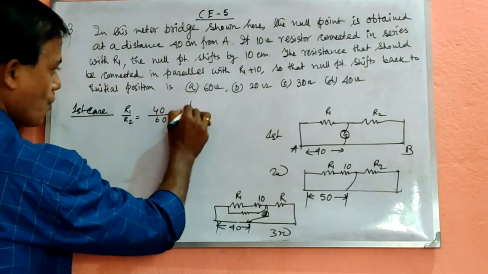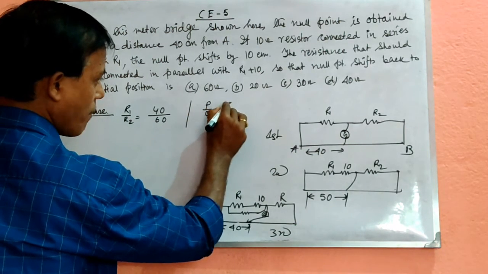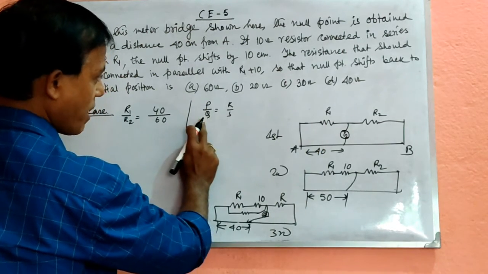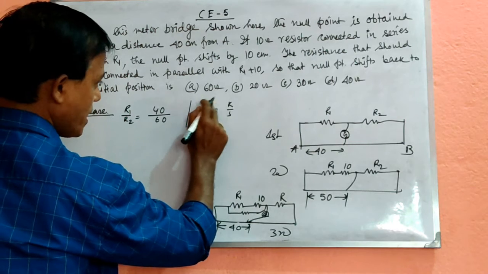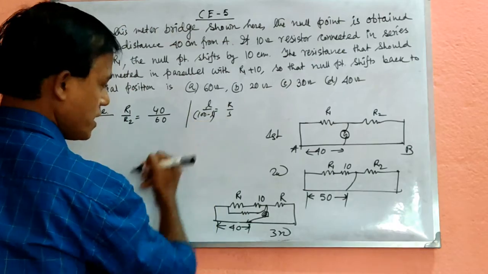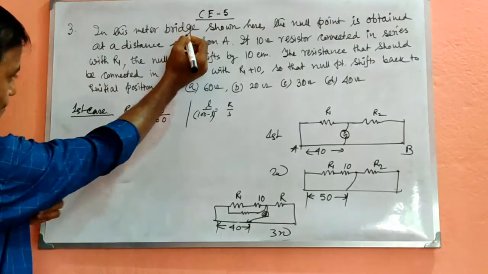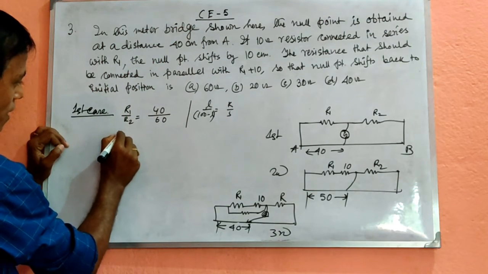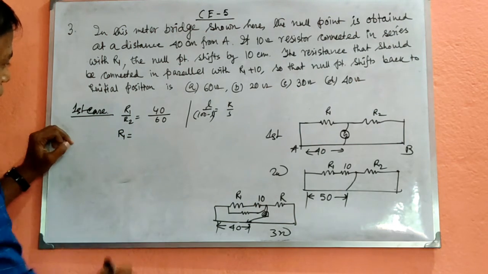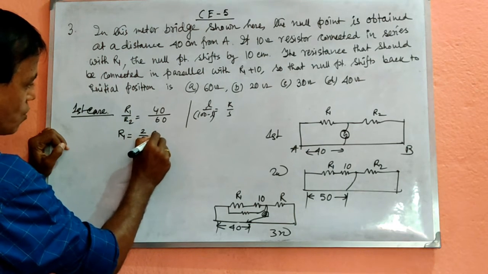We know the Wheatstone bridge null point condition, P by Q is equal to R by S. Here P is the length L and Q is 100 minus L. This is the formula. So from here we get R1 is equal to 2 by 3 into R2.